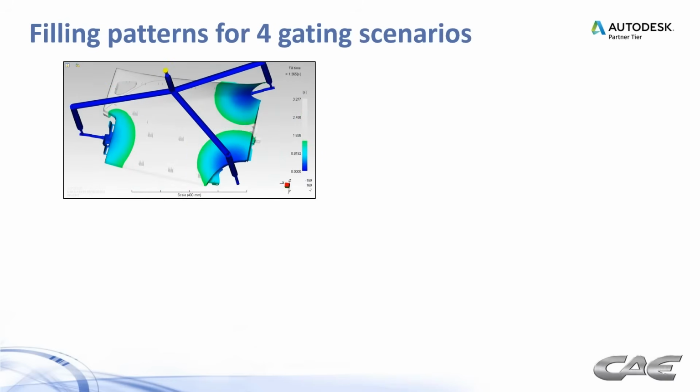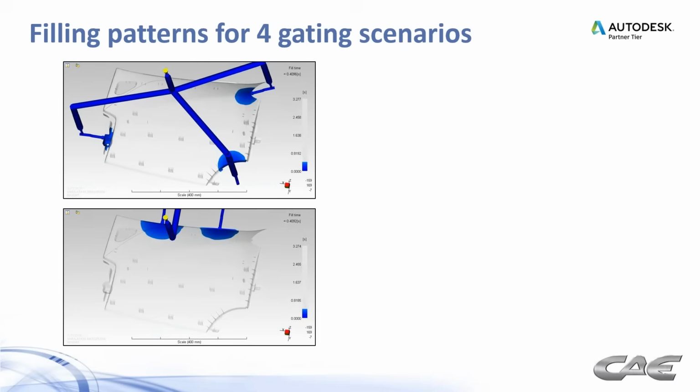So here's a part. This is a long glass fiber reinforced material. This is a common gating scenario for this type of part that had been used on previous generation tools for this type of part. And you can see large knit line in the middle, large knit line between all the gates really.